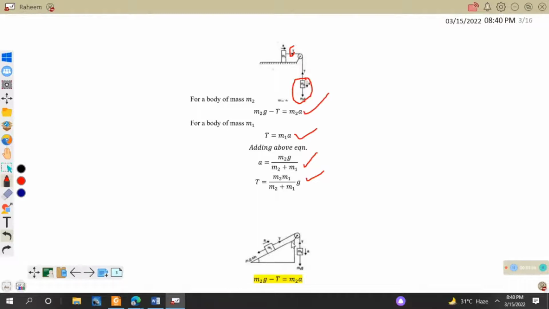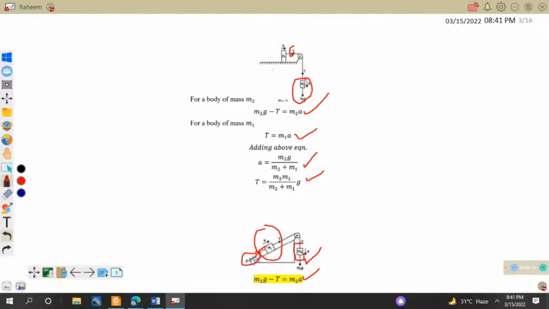Another case is if we have one block on an inclined plane like this, M1 on the inclined plane and M2 vertical. For the vertical case we have M2G, which is acting downward, minus T, equal to M2A. But for M1 it is not M2G, only one component is contributing.